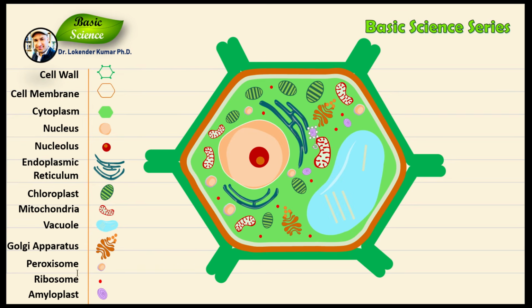So now I am distributing this violet color organelle, and this is known as amyloplast. One thing I want to mention here, that the color that I'm using here is not actually the color that they are present inside the cell, right?